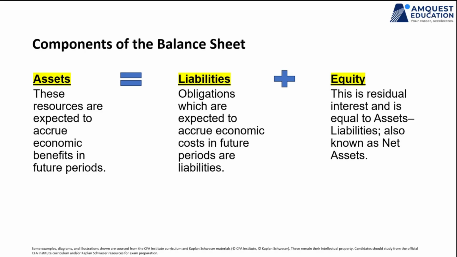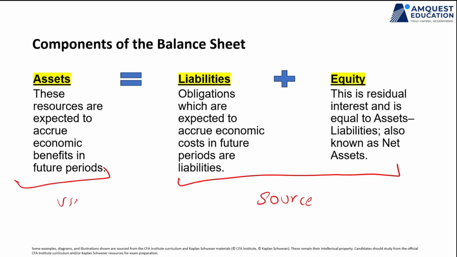Equity, on the other hand, is the residual interest and is equal to assets minus liabilities, also known as net assets. So if you have to define them in one word, liabilities and equity are source of money, while assets are use of funds or use of money.